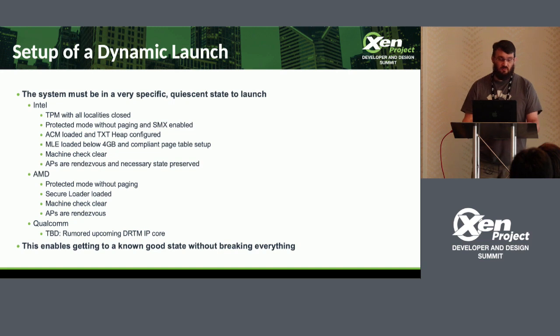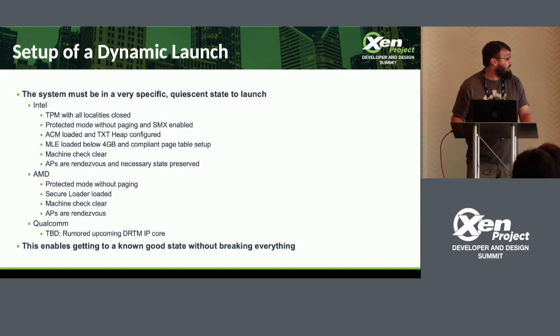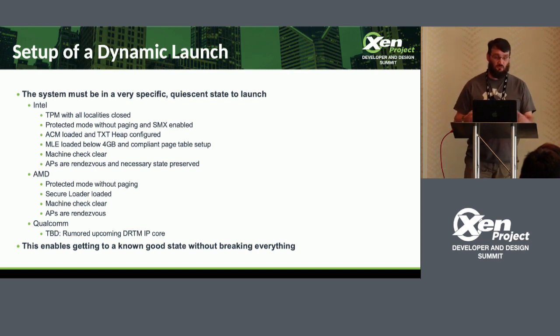When you're setting up a dynamic launch, there are a few things that you need to set up, and this is what's called the DCE preamble. You need to make sure that the system's in a very quiescent state, so that when you do the launch, the DCE has an expectation of what the environment's going to look like, and can pick up and start executing from there.